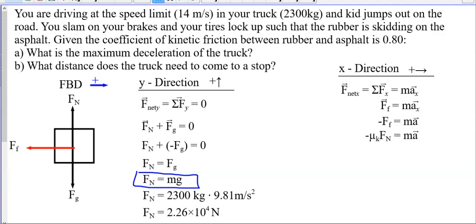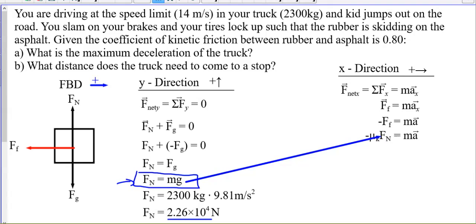Knowing that friction has its own equation, I will substitute that equation in for my friction. So this is my kinetic friction, which is the coefficient multiplied by my normal. And you can see that I'm going to just take my normal force from this equation right here. At this point, a lot of people would probably just plug in the numbers because I know students prefer working with numbers, and that's fine.